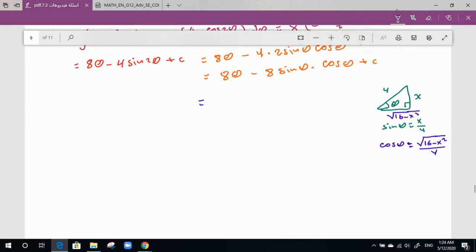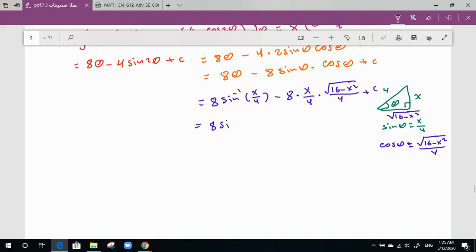It's 8 theta, and theta is sine inverse x over 4, because sine theta equals x over 4. Minus 8 times sine theta, which is x over 4, times cosine theta, which is radical 16 minus x squared over 4, plus c.